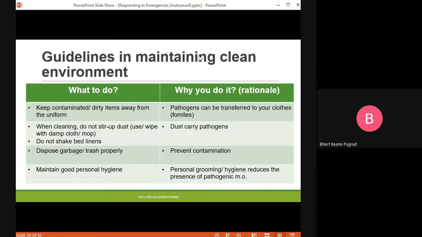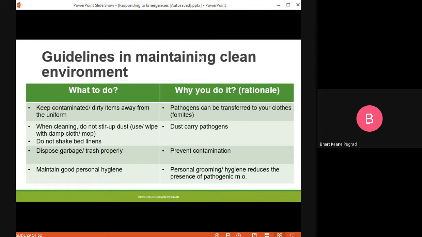Especially kapag sobrang daming dust. So, instead of using walis tingting or walis tambo, we should first wipe the area with a damp cloth. So take note, your dust will always carry pathogens.